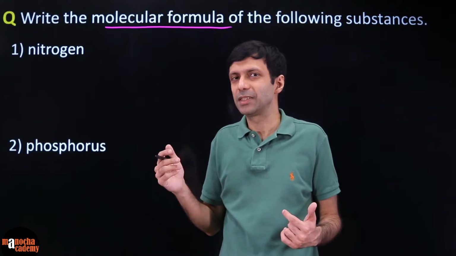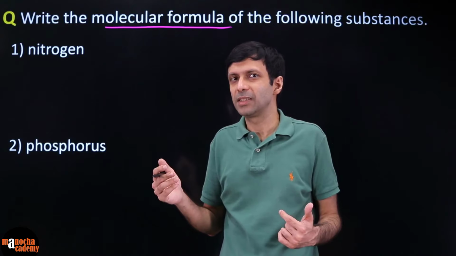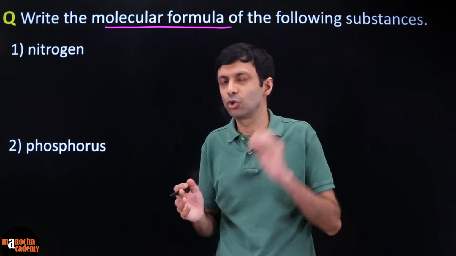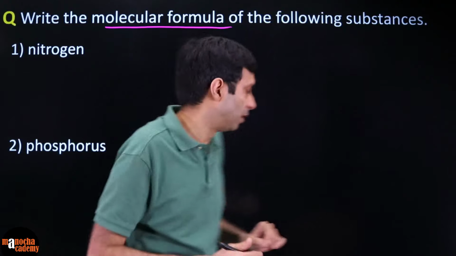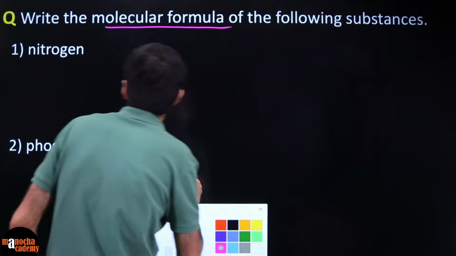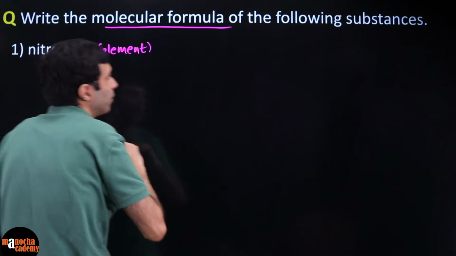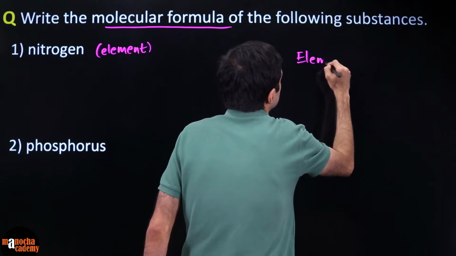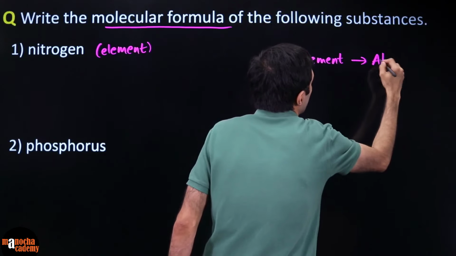So for elements, one important thing is, should you use atomicity or valency? This is a very important rule. Please remember, nitrogen is an element, and one very important rule is that for elements we use atomicity.